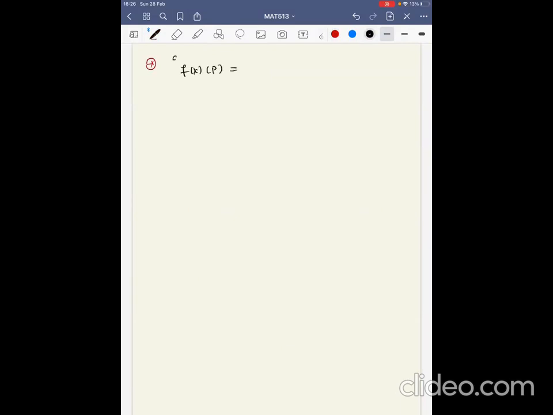We want to see that f(x)(P) is equal to f(a). Here, recall that P is the place generated by x minus a. First, let me observe that the polynomial f(x) minus f(a) is divisible by x minus a because it contains a as a root.